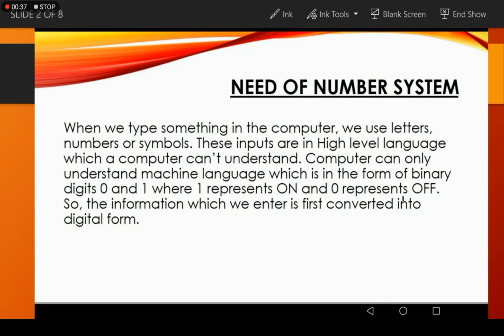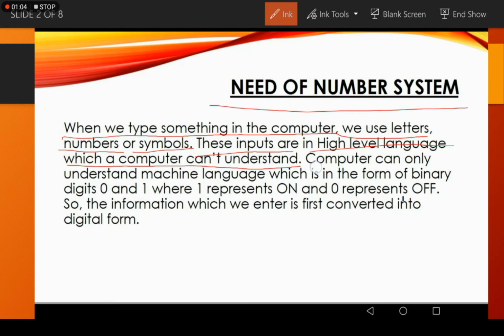Need of number system. The first question is why we need number systems. When we type something in the computer, we use letters, numbers or symbols. These inputs are high level languages which a computer can't understand.